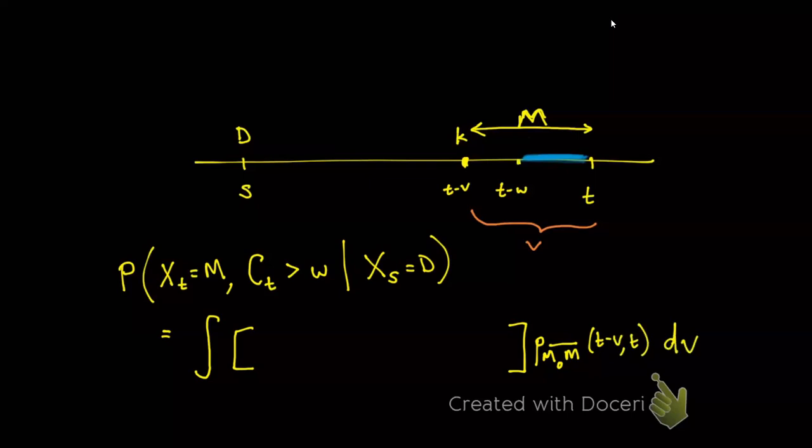Now, what are the values that V could take on? Well, as I said before, we are fine if V is right there on W. Remember, V is the last time the person got married, so the last transition to married.